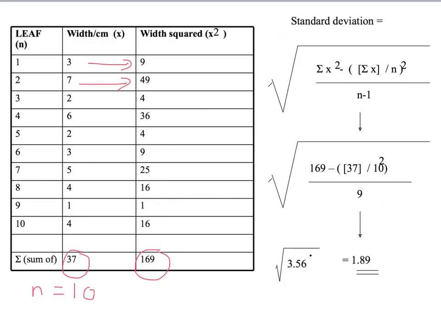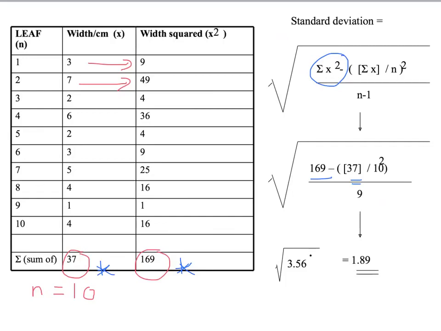So let's take the formula over on the right hand side. This first bit, sum of x squared, well, we've already worked out the sum of x squared as being 169. It's this one here. Minus, and then in the square brackets we've just got sum of x, and we calculated sum of x in the first column. So that's 37 divided by n, which is the 10, because we have 10 samples.